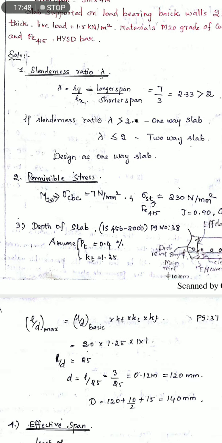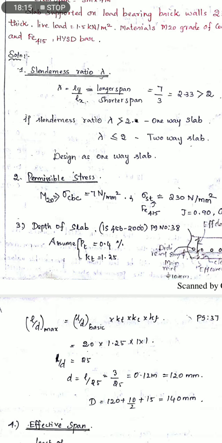Okay. Then the third step, depth of the slab. Initially we assume it for the one-way slab. We don't know the area of reinforcement, so we initially assume the pt value, that is percentage of reinforcement, as 0.4.